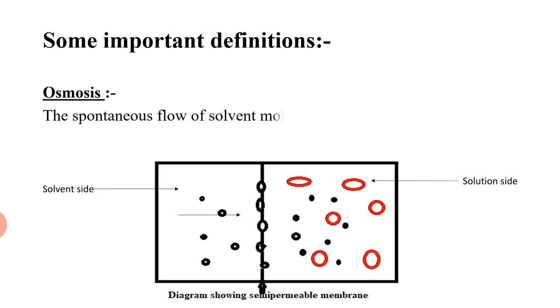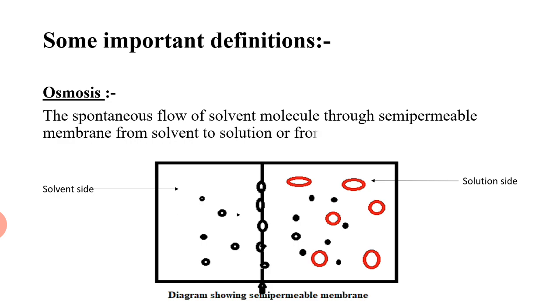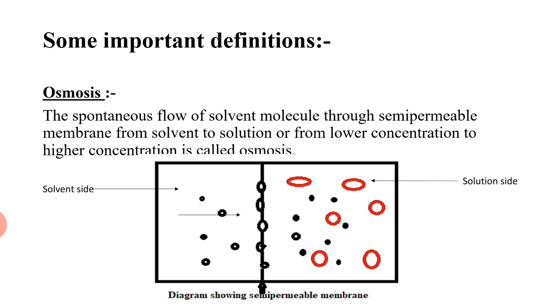The spontaneous flow of solvent molecules through a semi-permeable membrane from solvent to solution, or from lower concentration to higher concentration, is called osmosis. So student, the left-hand side of the diagram contains pure solvent, whereas the right-hand side contains solution, that is solute and solvent.